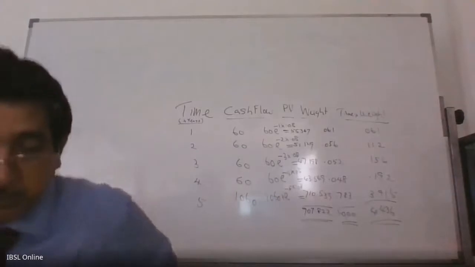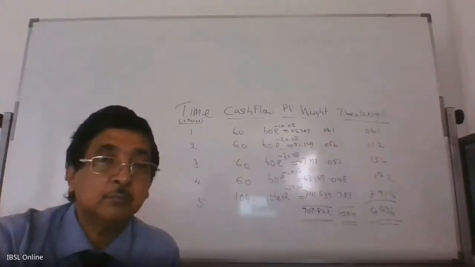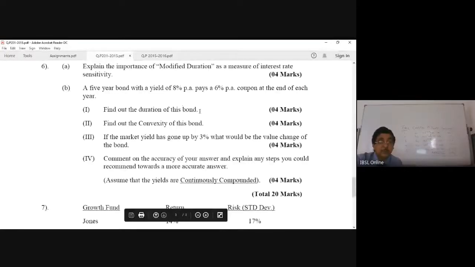And we will again go into the question. Now we have already found the duration. And in order to find the convexity, we need to have the time squared column. That time squared column has to be multiplied with the weight column, and the total taken will be the convexity. So can you just try to see what is the convexity? Just get the convexity calculated, because if you involve with these things, you can learn the things properly.